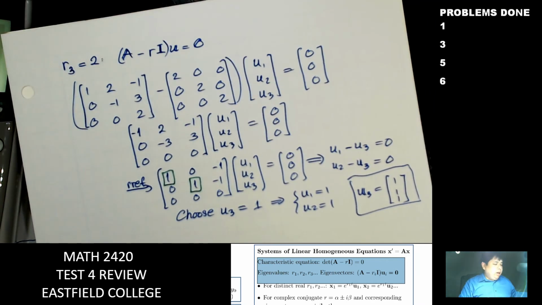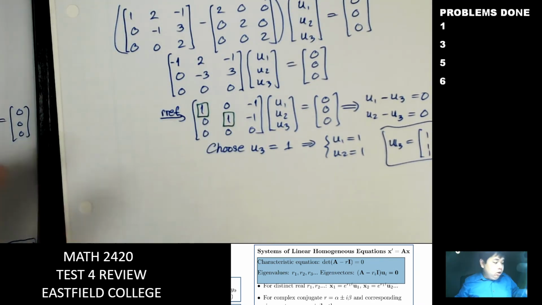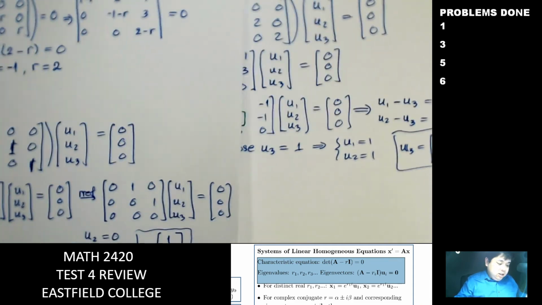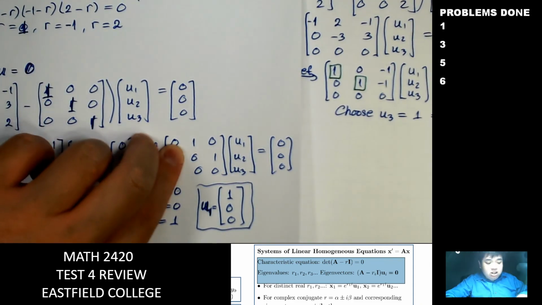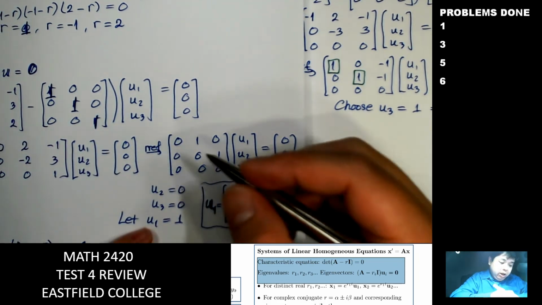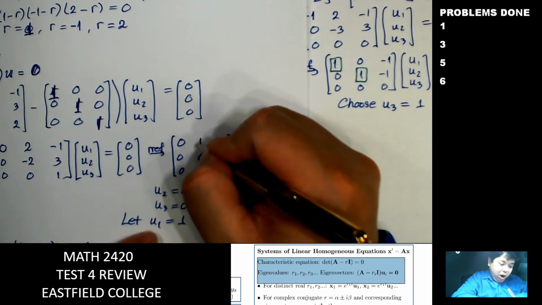So pretty much when we choose something for the eigenvector, we look at whatever column doesn't have the leading 1.